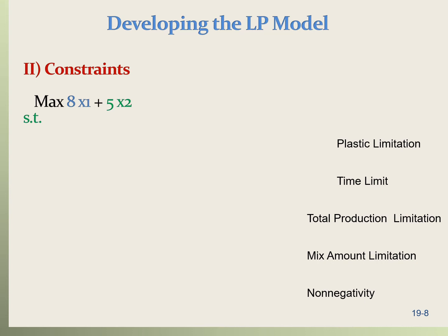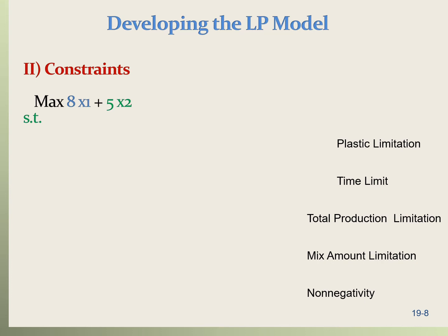Given the problem statement, it says that the total amount of plastic available, a special plastic for production of these two toys, is limited to 1,000 pounds. So the total used plastic cannot exceed 1,000. How much plastic are these two types of toy going to use?